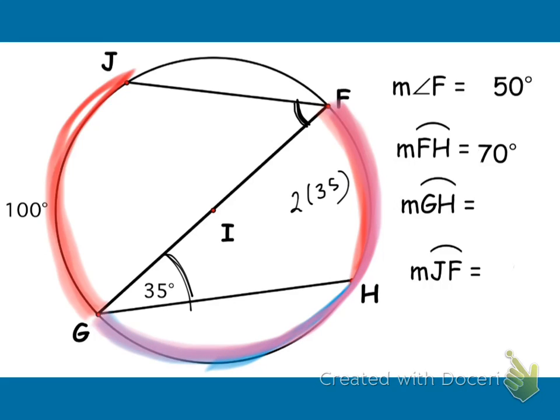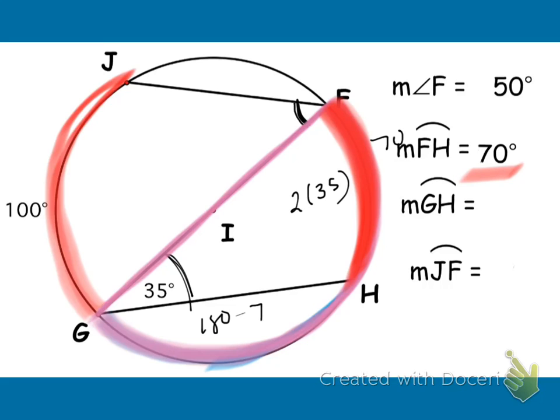It's 180 degrees, a semicircle, because GF is a diameter. So this whole thing is equal to 180 degrees. We just figured out that FH is 70. So if this is 70, and the whole thing equals 180 degrees because it's a semicircle, GH has to be 180 minus 70, or 110 degrees.